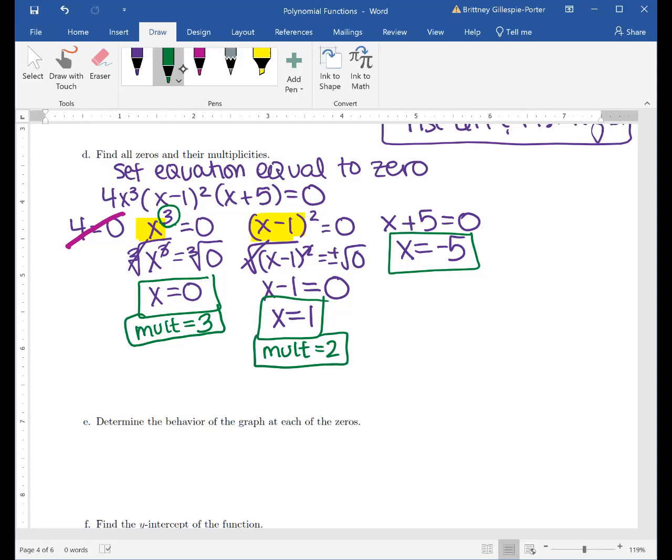And remember, our x plus 5 actually came from the parentheses, x plus 5. We got x equal to negative 5. Remember, if you don't see an exponent there, it's the imaginary 1, which means our multiplicity for x equal to negative 5 is 1.